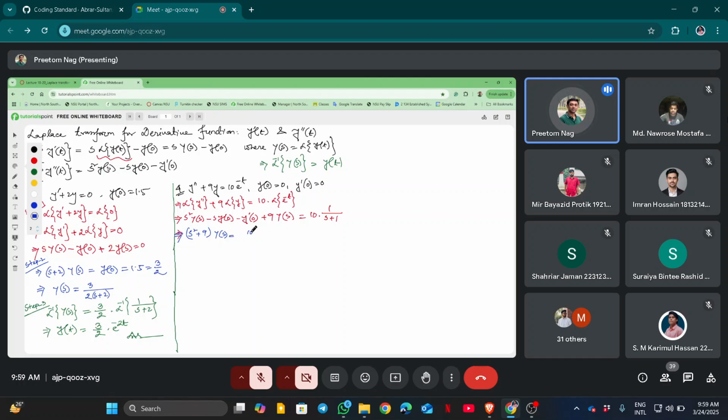You'll have 10 by s plus 1. Finally, you'll have Y(s) equals 10 by s plus 1 into s squared plus 9.